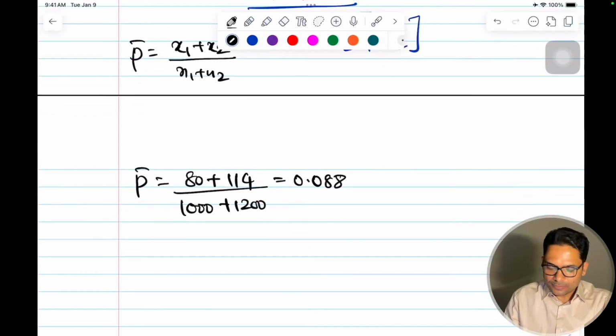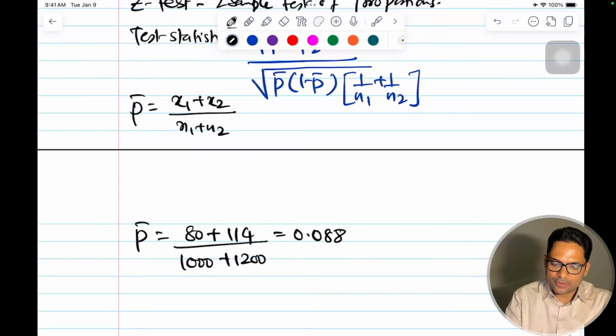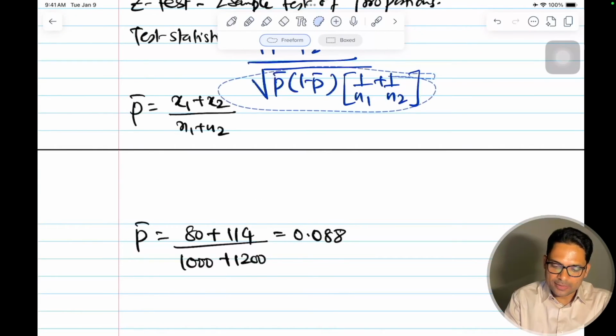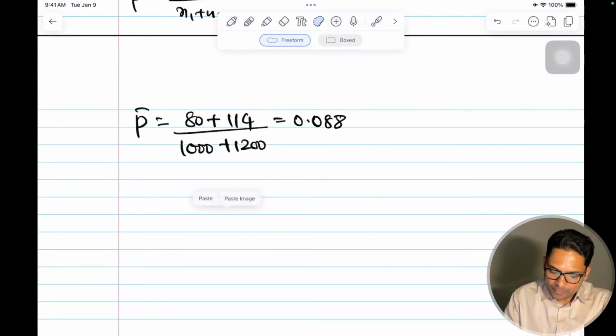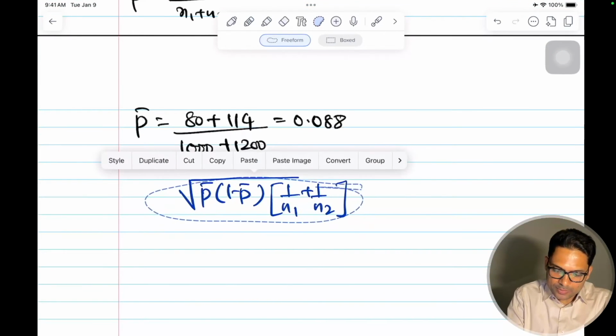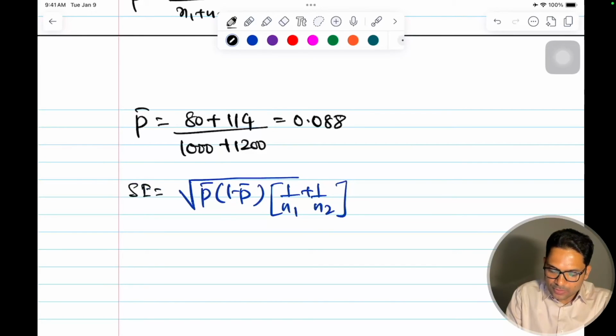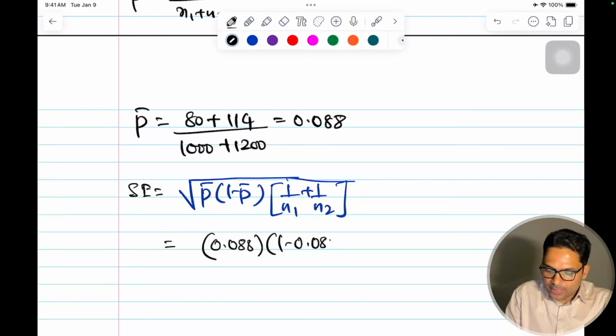So let's calculate the standard error. Let's calculate the denominator separately. This is my standard error, and the square root is on the complete thing. So this is equal to P bar, 0.088, into 1 minus 0.088.